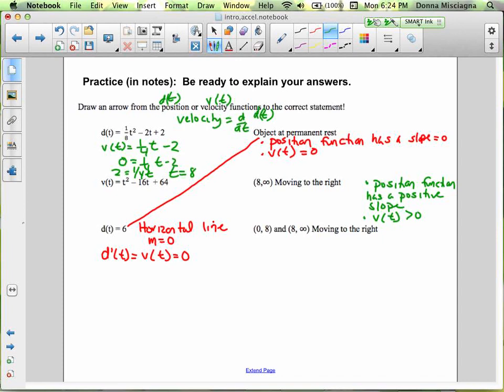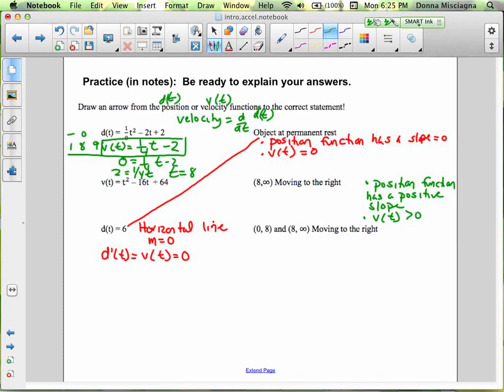Let's make a little sign chart and figure it out. All right, so here is 8, and the velocity there was 0. What happens if we look at when t is 1 or when t is 9? If we plug 1 into our velocity function, 1/4 t minus 2, 1/4 times 1 is 1/4 minus 2, that's going to be a negative number.